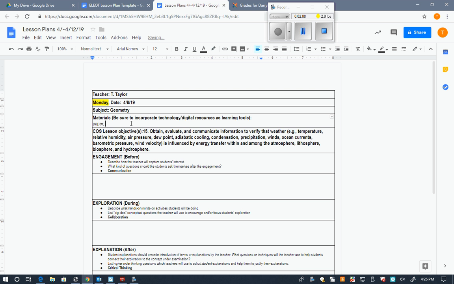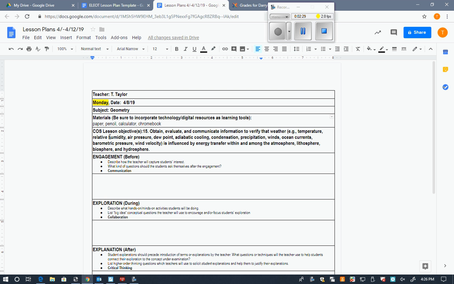We're in mathematics, a pencil or a pen. We are not very picky these days. A calculator and their Chromebook. We are a one-to-one school, so everybody is required to bring them daily.